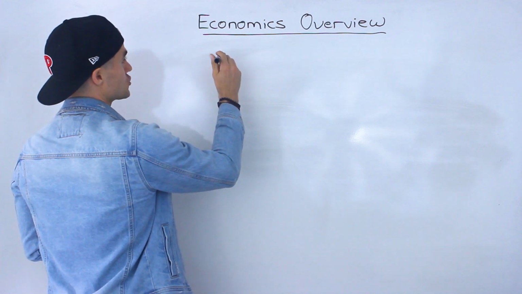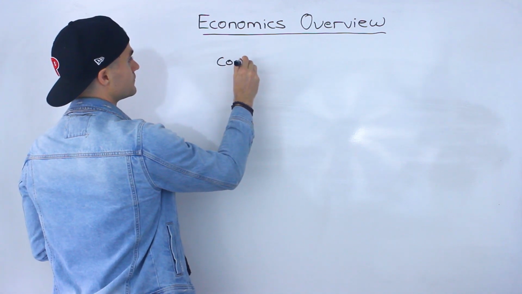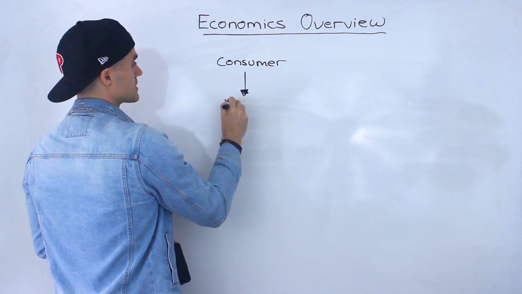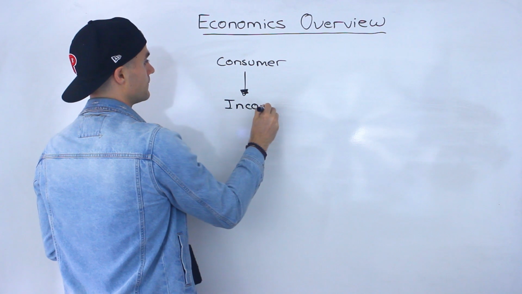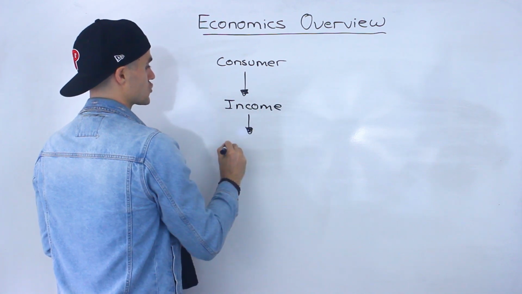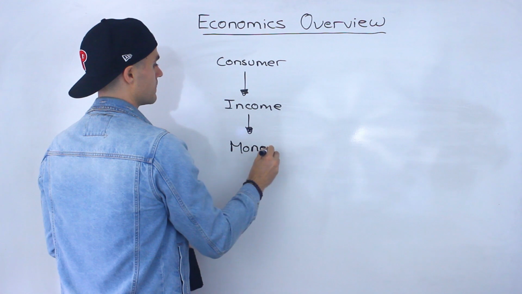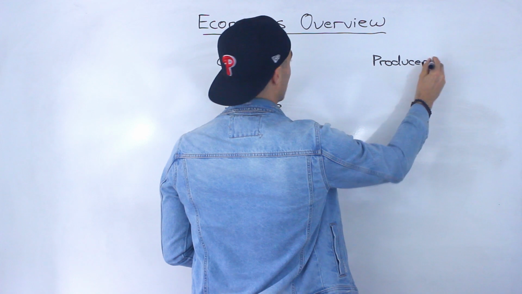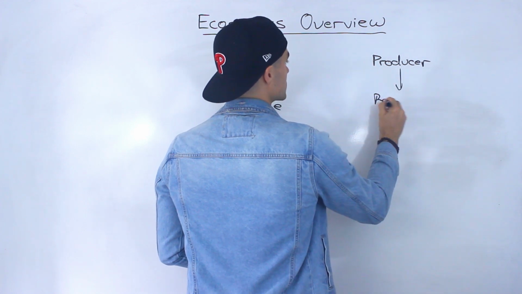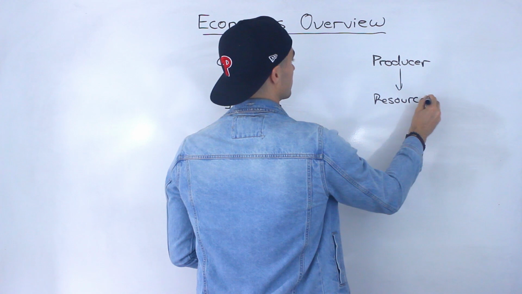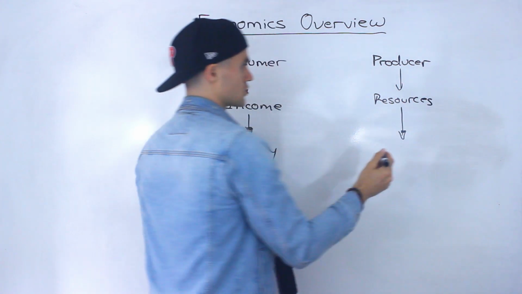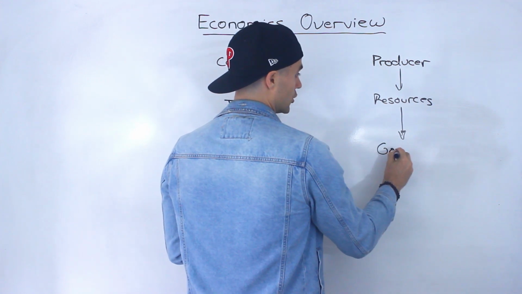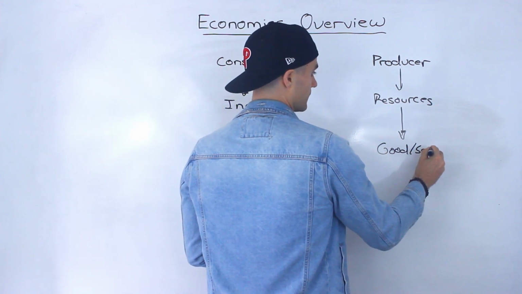So knowing this here, let's actually make a more detailed flow diagram. So let's start with a consumer. What's going to happen is they're going to have income, which is the source of money. And then we have a producer. They're going to have resources, which is going to allow them to create, to produce, to make a good or service.